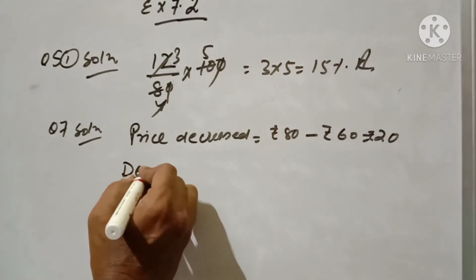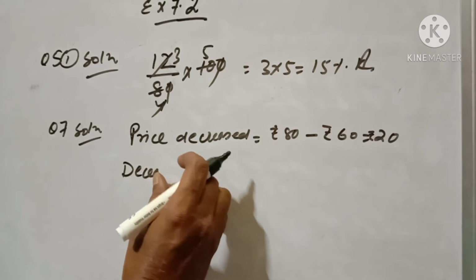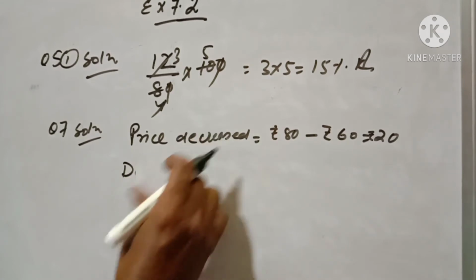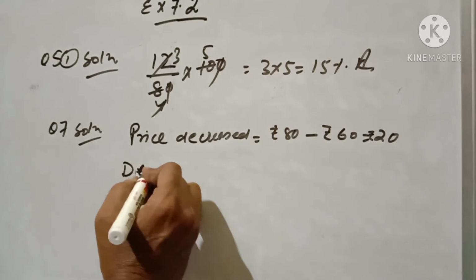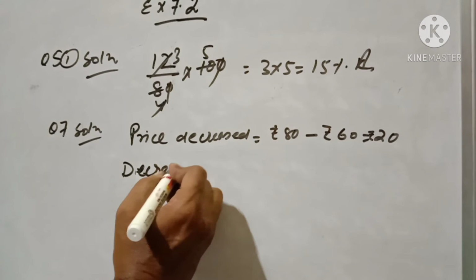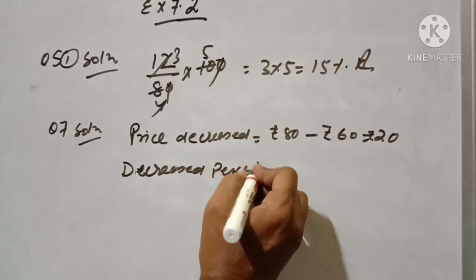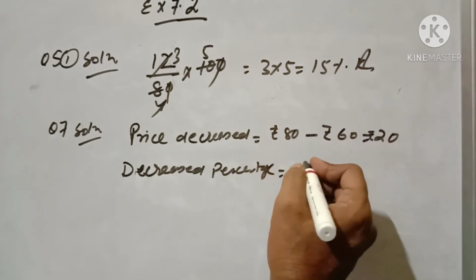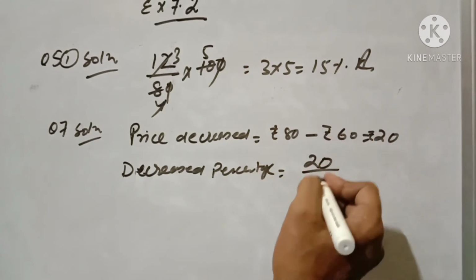Decrease percentage equal to decrease, means what? This quantity is decreasing out of 80.